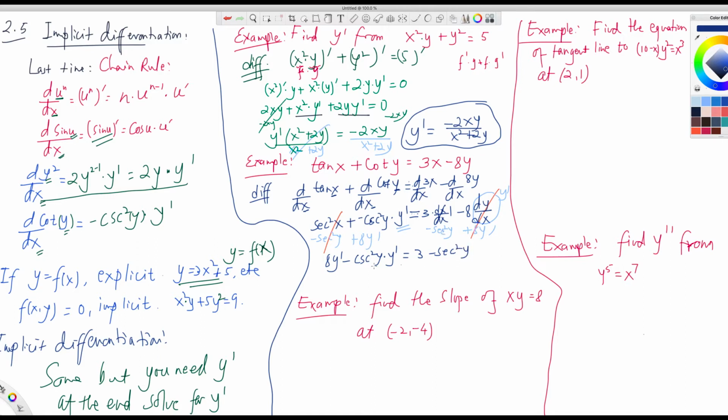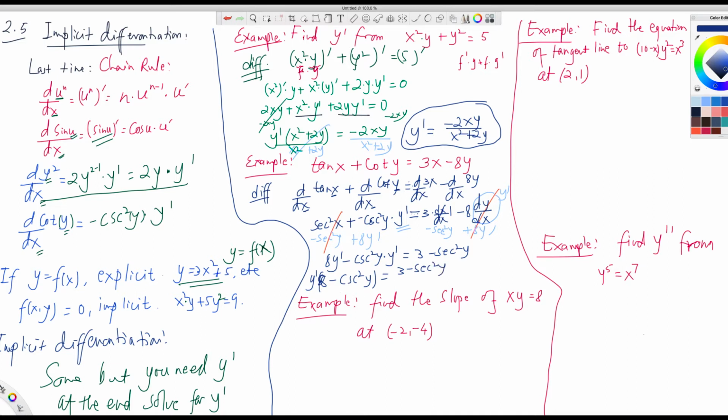You see that? Now your goal is to solve for y prime. So if you take y prime out, what is left is 8 minus cosecant square y. So 8 minus cosecant square y equals 3 minus secant square y, right?